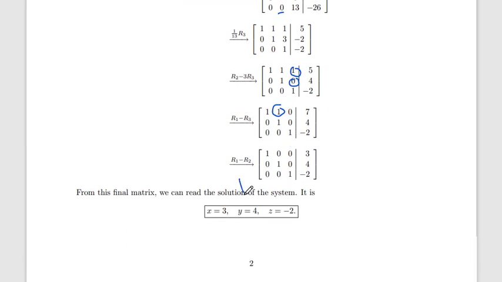So we have the identity matrix and now have a direct answer: x is equal to 3, y is equal to 4 and z is equal to -2. So in Gauss-Jordan we have a direct answer, but in Gaussian elimination, with the help of back substitution, we have to solve the equations to get the answer.